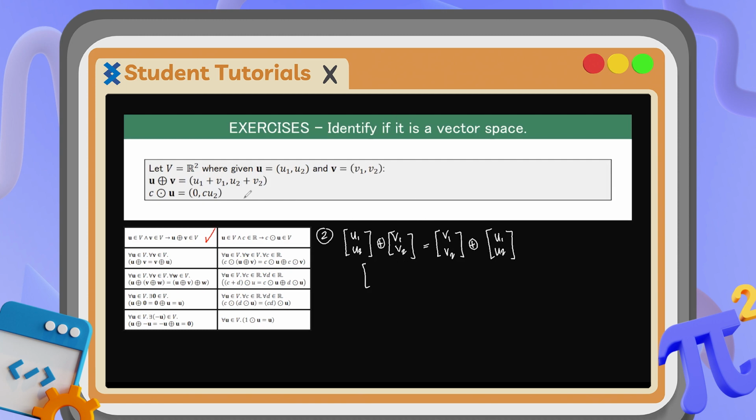So again, following the rules that are provided here, we want to add them together. So U1 plus V1, U2 plus V2. Now here, since V1 goes first, we need to strictly follow the order in which it is defined.